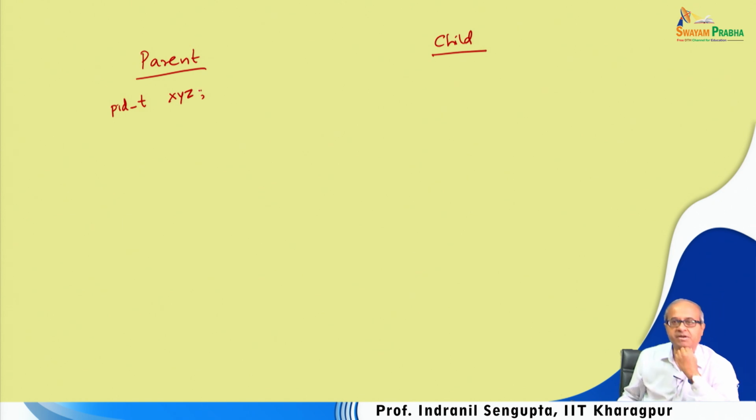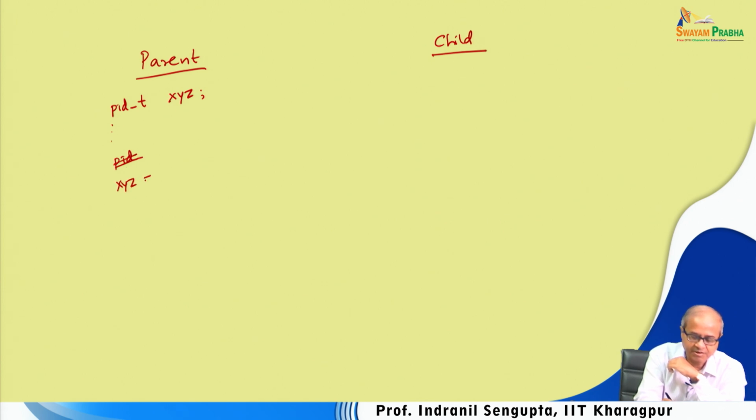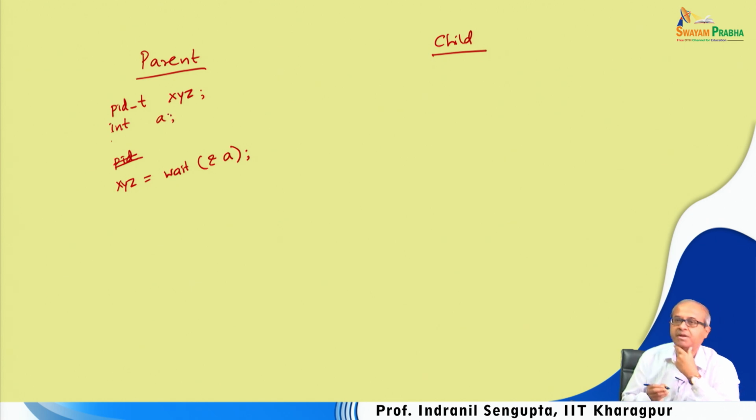This is a variable I define in C, which is of type process ID. Now, the parent can write xyz equal to wait, ampersand some return value, let us say a. Here we can define another integer a which will hold some return value.